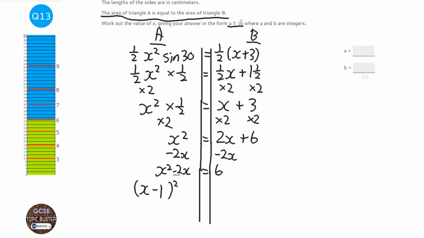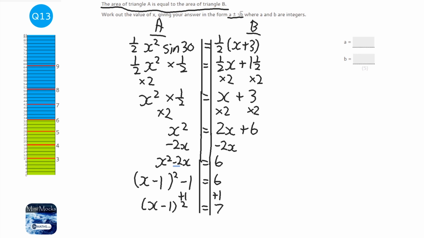Okay, there's loads of videos on completing the square, so if you don't know how to do that, just check out the video. Just type in maths completing the square. We've also got an erroneous 1 that generates, which we don't want, so we need to take away the 1 on the outside, equals 6. Next we're just going to add that 1 to both sides, really simple. So we've got x minus 1 squared equals 7.